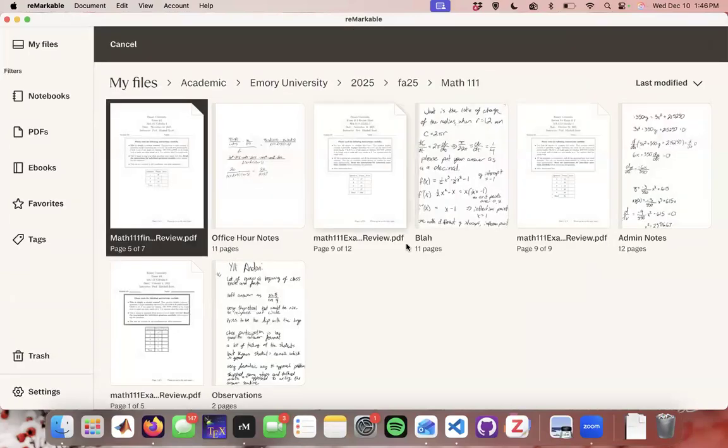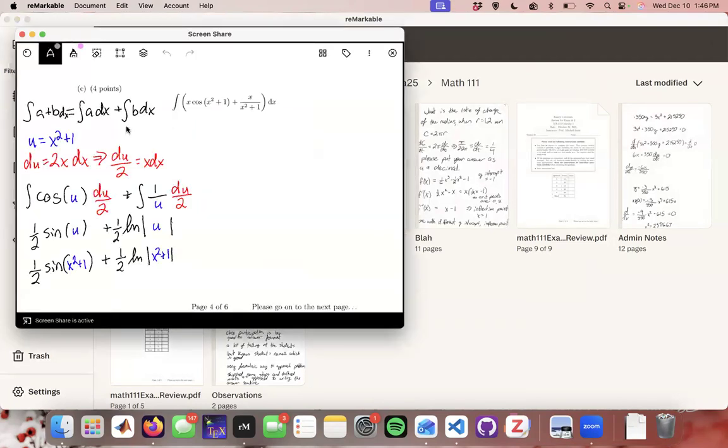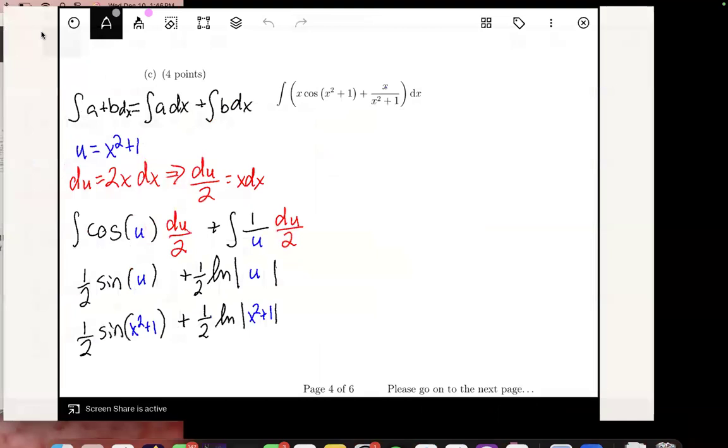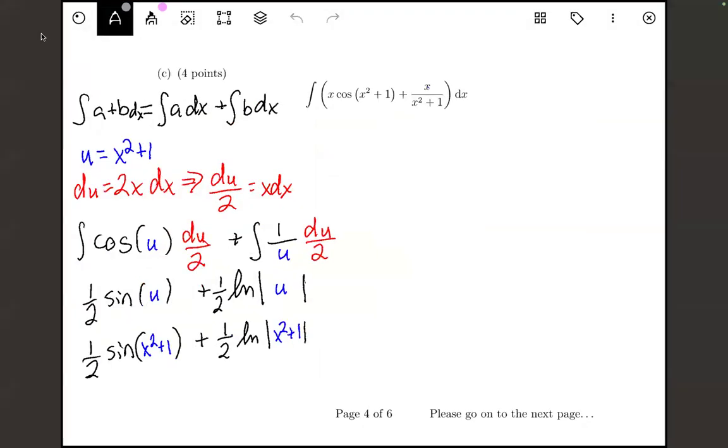How we knew that we could get rid of the x, like where the x went. I know we substitute x squared plus 1, but the x on the top. Yes, so the x on the top becomes part of the x dx. And we see that in the red du over 2 equals x dx.